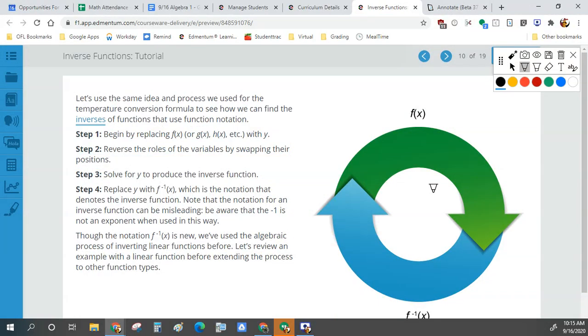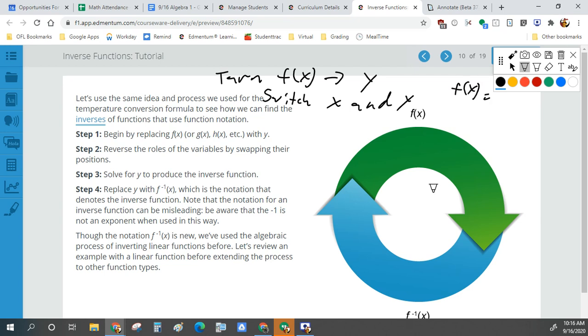Step 1 is turn f of x into y. Your next step is to switch your x and y. So if you had something like f of x equals 3x, you're going to go y equals 3x.